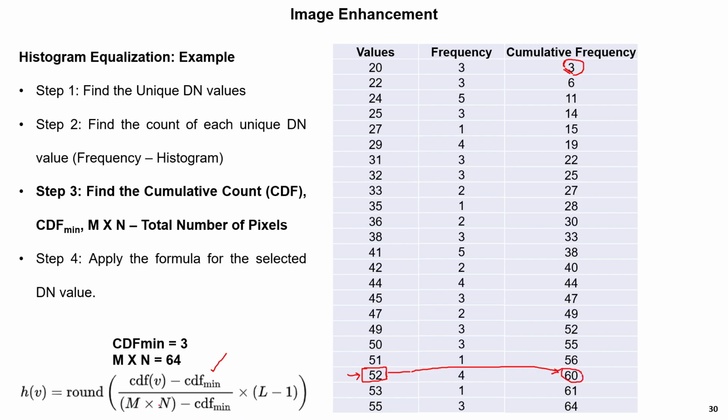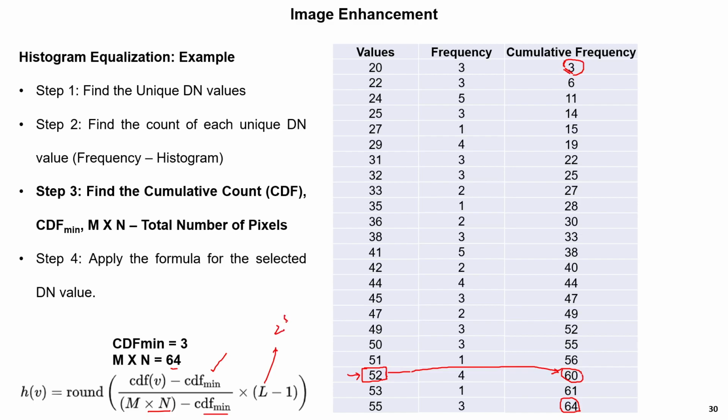And then m into n is your number of pixels. If you count the number of rows and columns, it will be 8 cross 8, so 8 into 8, that is 64. Or you can also find it from here, it is just the summation of your frequency, which is also 64. Then again you have your CDF min. This is 2 power 8, since it is 8 bit.